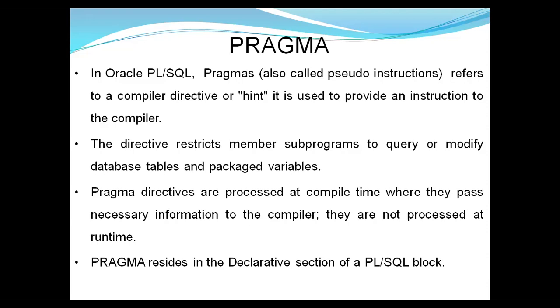In Oracle also we have a pragma, also called a pseudo instruction, referred to as a compiler directive. That means we are giving a direction to the compiler, or we can call it a hint. Now, one thing you have to remember, the directive restricts the member subprogram to query or modify database tables and package variables. Now, the meaning of this is simple: it is limited to whoever is given the instruction.